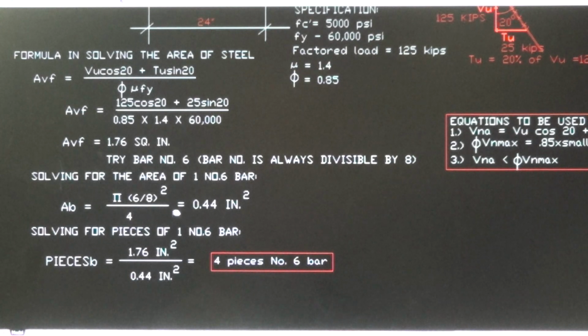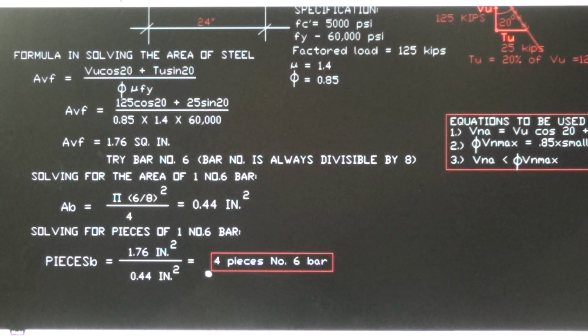Now to get the number of bars altogether, we divide the total area of the reinforcement bar by the area of one bar. So the pieces of bar is equal to 1.76 square inches divided by 0.44 square inches.